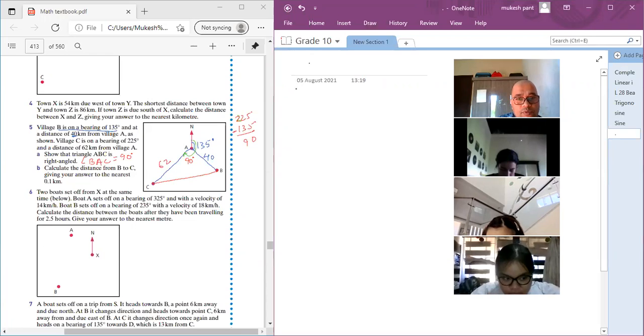This is question number 5. So here you can see BC squared equals the square of 62 plus the square of 40, because BC is the hypotenuse.